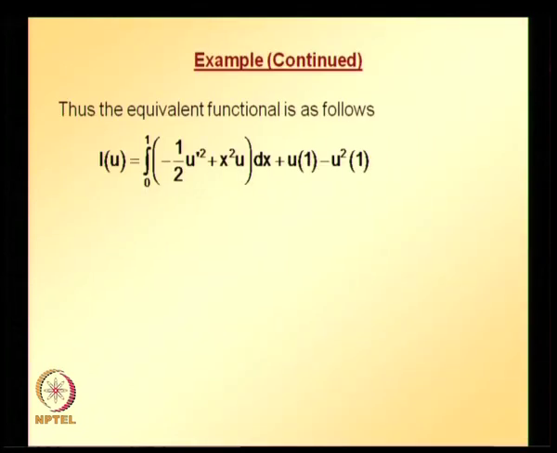That I, given by this, is the equivalent functional for this problem. Okay. Now once we get the equivalent functional, what is the next step? The next step is we need to assume some trial solution. For this particular problem, I will take three types of trial solutions: a quadratic trial solution, a cubic trial solution, and a quartic trial solution, and show you the procedure.